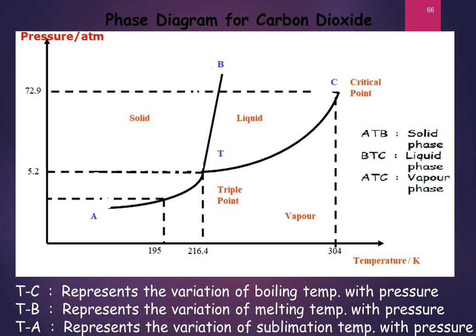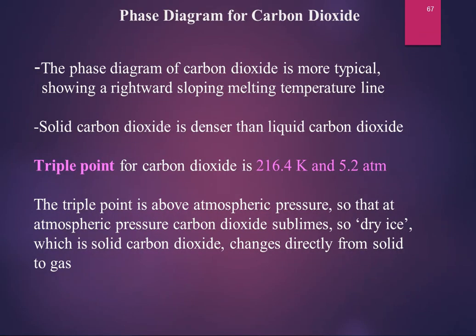Line TC represents the variation of boiling point temperature with pressure. Line TB represents the variation of melting temperature with pressure, and line TA represents the variation of sublimation temperature with pressure. The phase diagram for carbon dioxide is more typical, showing a rightward sloping melting temperature line.